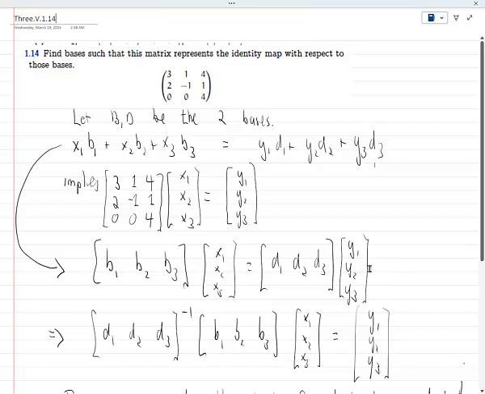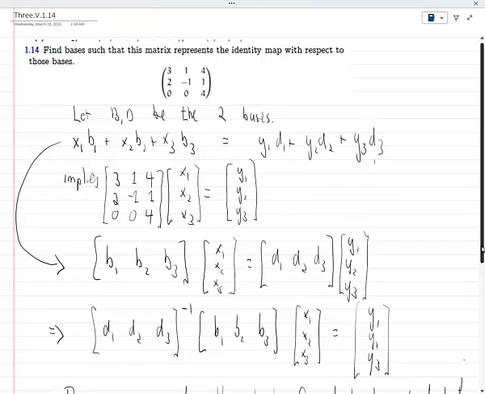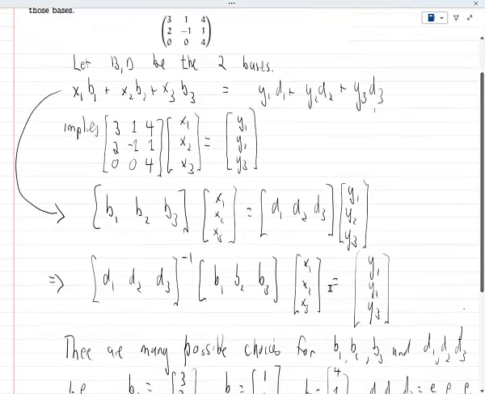I just take the inverse of this matrix and put it over on the left-hand side, okay? But what we have here now is the relationship between the coefficients x and the coefficients y. So in fact, we can identify this matrix here, this 3, 1, 4, etc., with this product here.